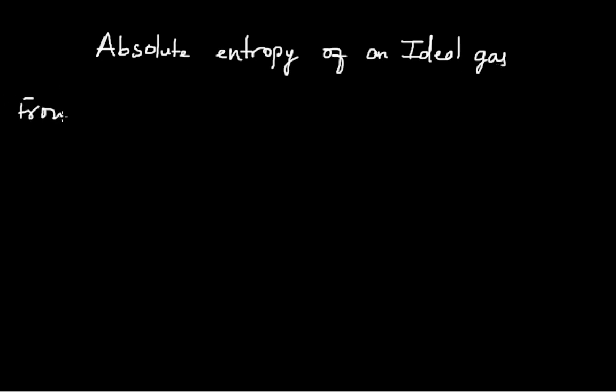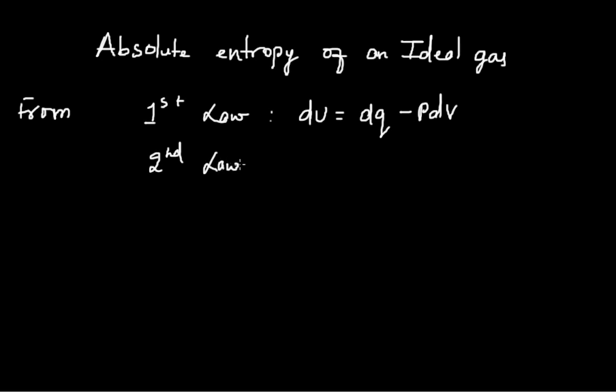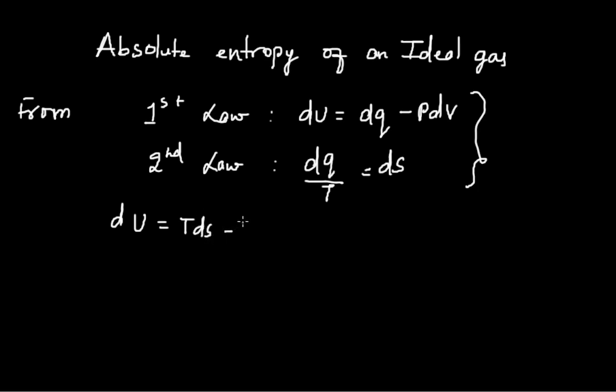Now combining the first law, which is dU equals dq minus p dV, and from the second law we have dq by T equals dS. Combining both of these, we get dU equals TdS minus p dV.